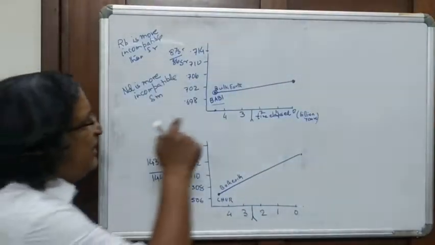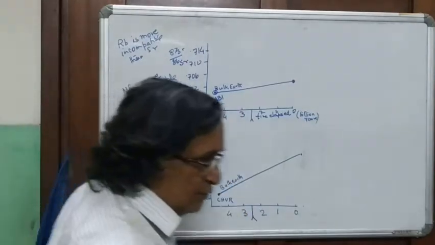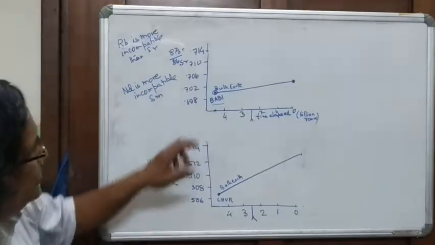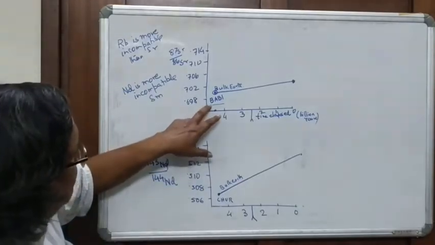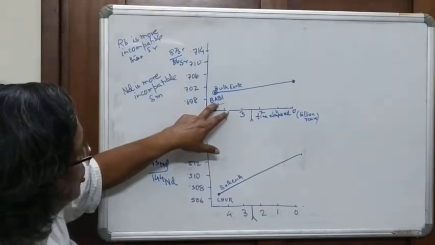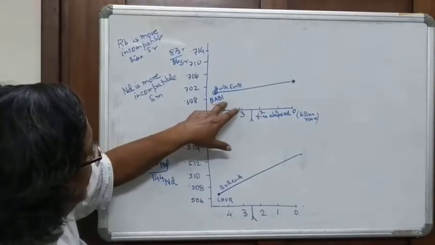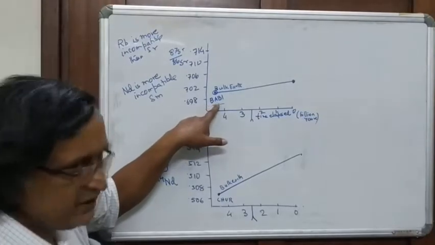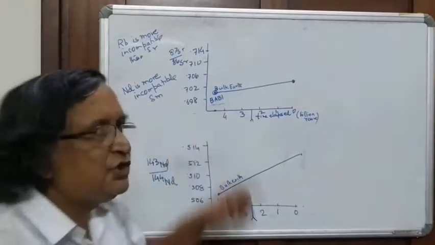Essentially, this particular value is called BABI because it stands for basaltic achondrite best initial.